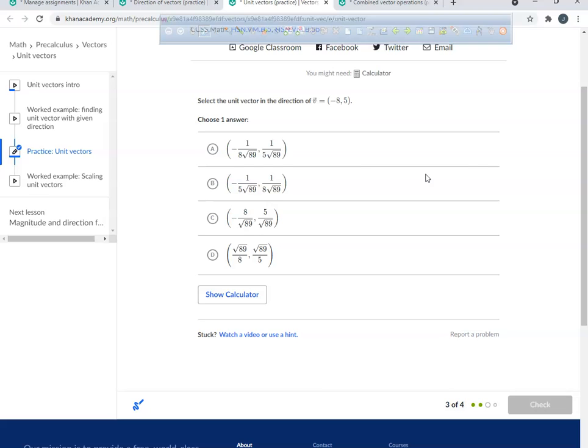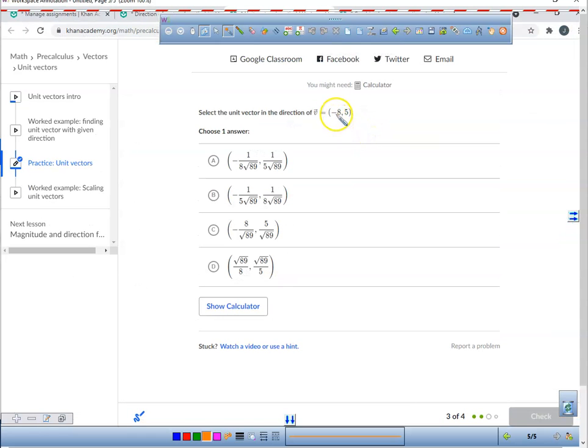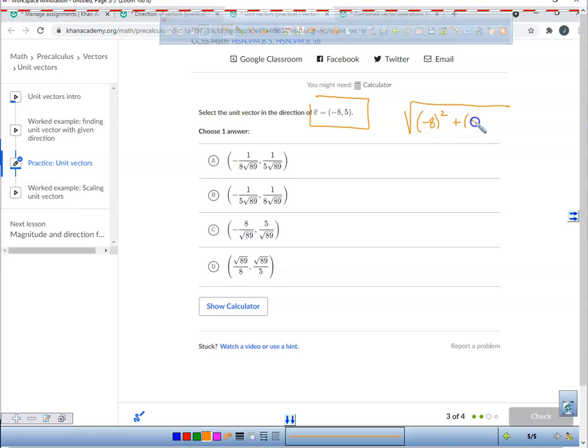Hopefully this will be enough. It'll make sense. The direction matters. So right here, where are we starting? Negative 8 and a 5. So I'm going to take the square root of negative 8 squared plus 5 squared. So I got 64 plus 25, which gets me the square root of 89.